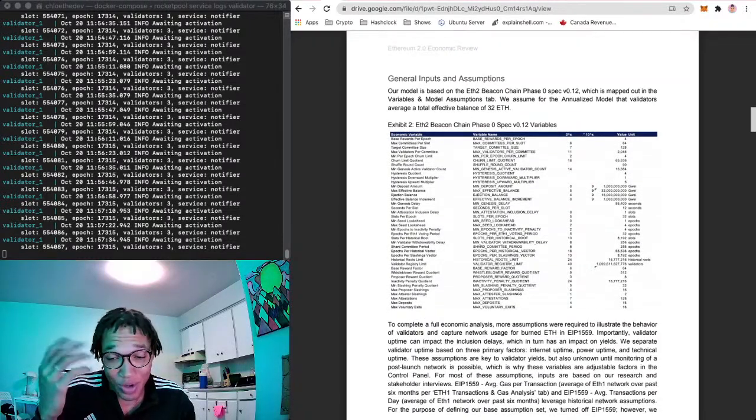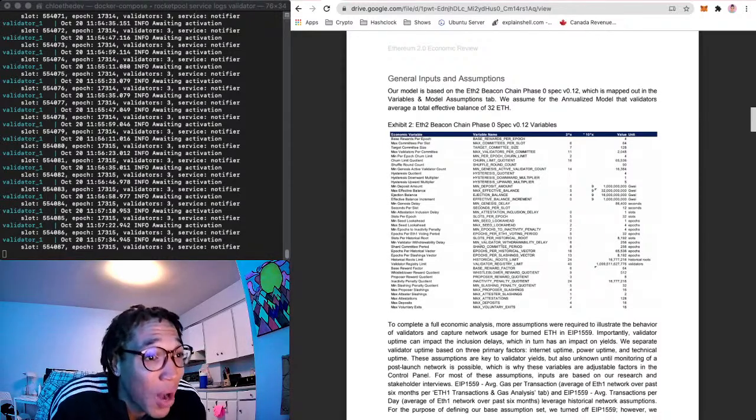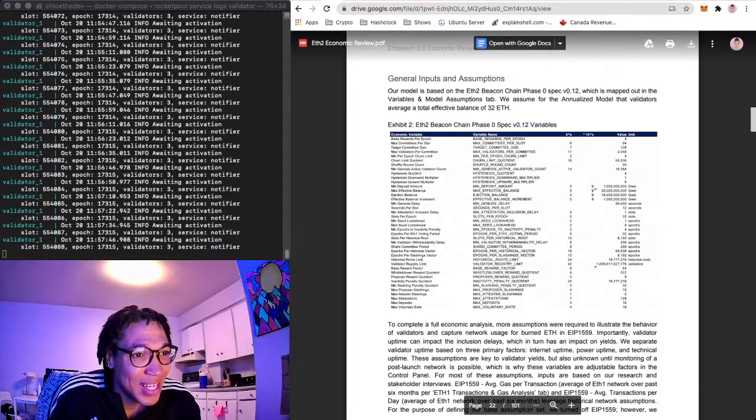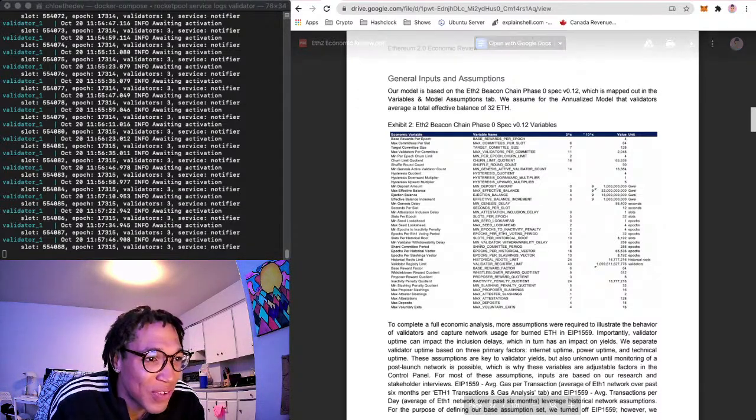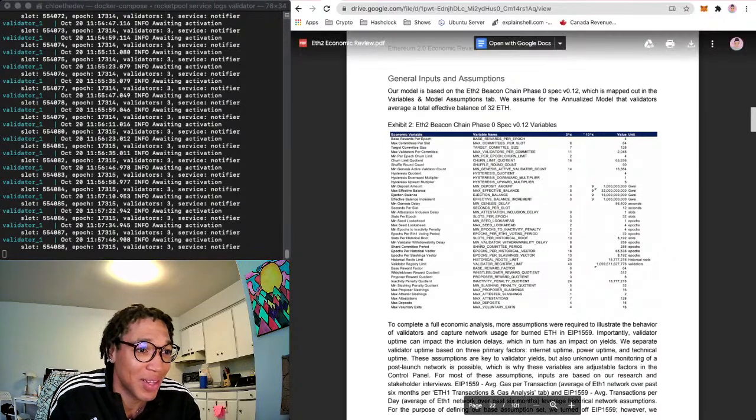So, you read all these numbers in Ethereum and you're like, this is cool, but why is this value? Like, why 256 epochs? Because it's 2 to the power of 8. That's the number they use.